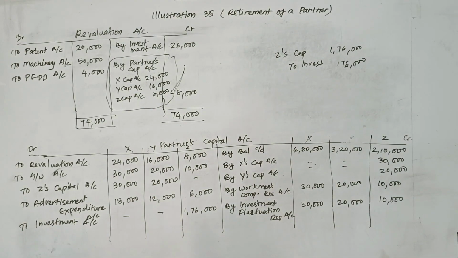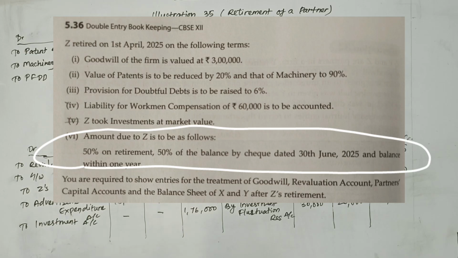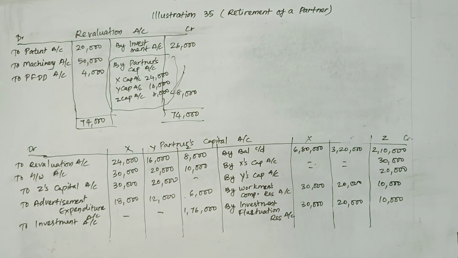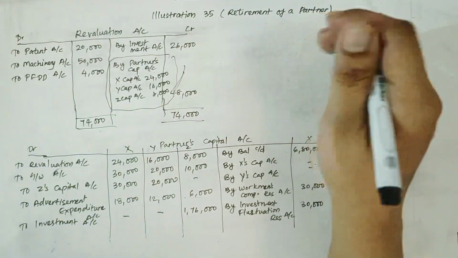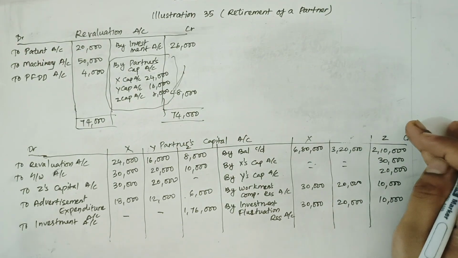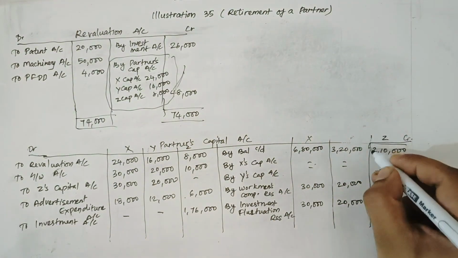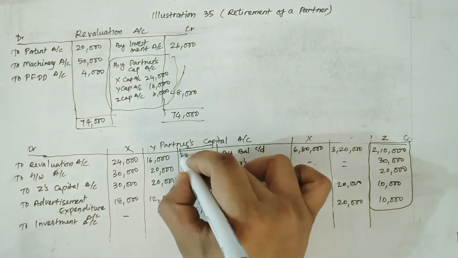Now amount due to Z is to be paid as follows: 50% on retirement. So what is the amount due to Z? We have to find what is the amount due to Z. For that, we have to add all those on the credit side and subtract all those on the debit side.